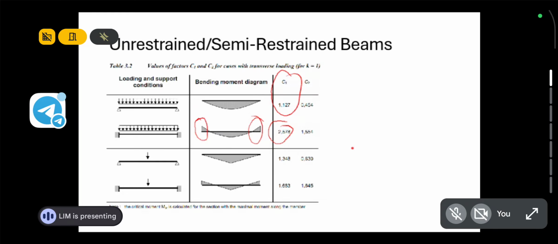Next, if your beam has a point load, then you have a triangular bending moment, then it's 1.348. If your beam has a point load but has moments at the ends, then it's 1.683, your C1. So that's your C1.